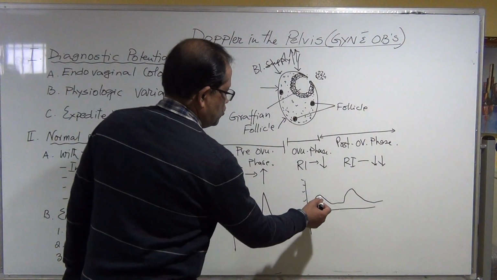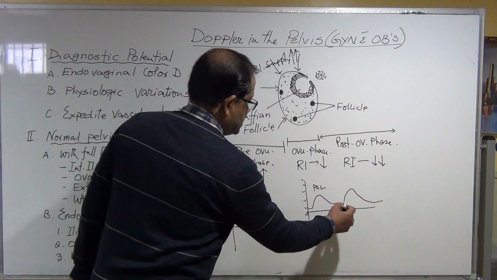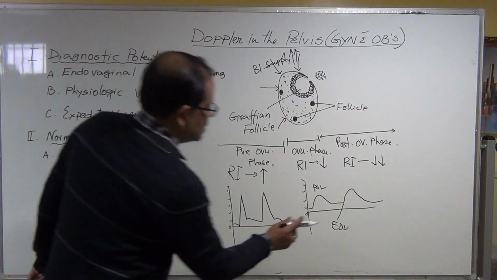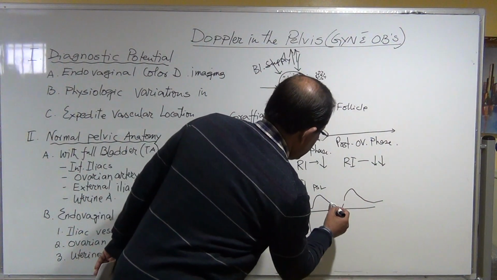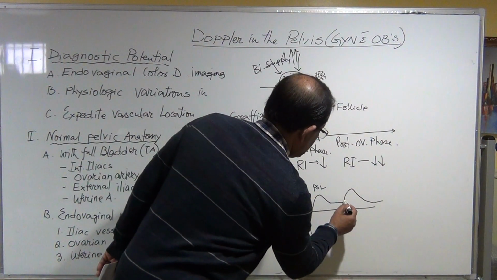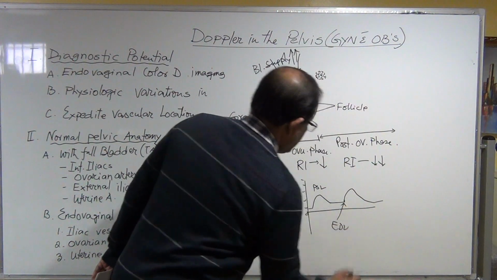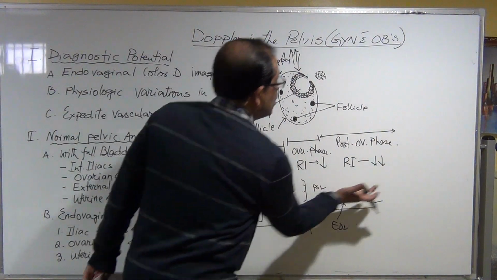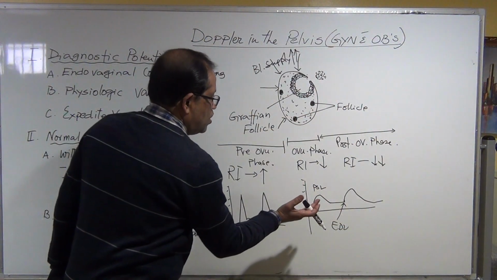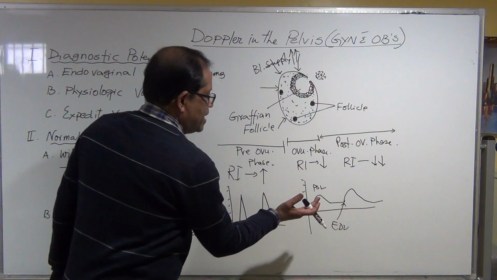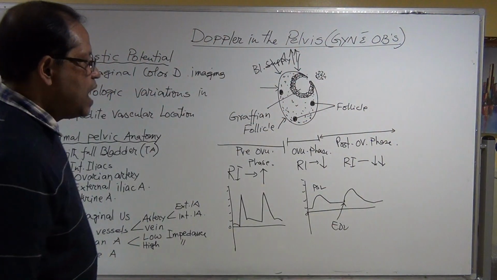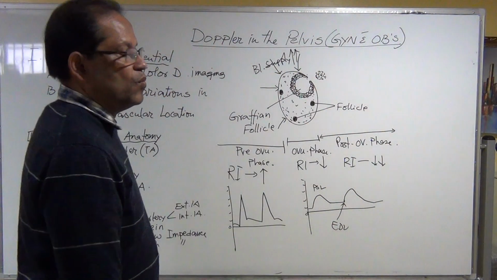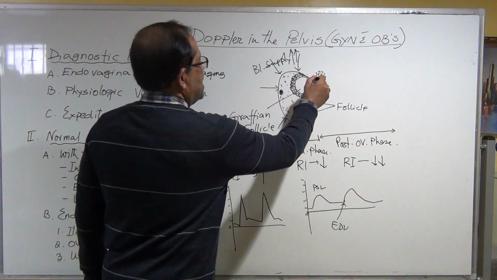The peak systolic velocity will be low, and the end diastolic velocity is higher. Okay, it indicates that resistance is low. Forward flow of the arterial blood to the ovary is more. Why? Because the corpus luteum is active now.